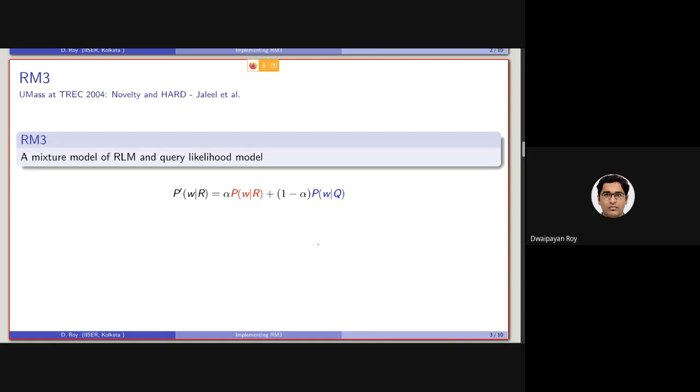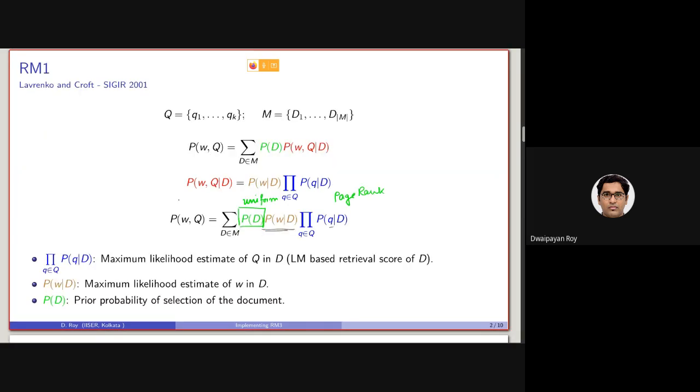As an extension of the RM1 model, we also discussed RM3, which is a mixture model of RM1. RM2 can also be mixed with the query likelihood model. The way RM2 is designed, in the RM1 model we consider an IID sampling, while in the RM2 model they considered a conditional sampling.